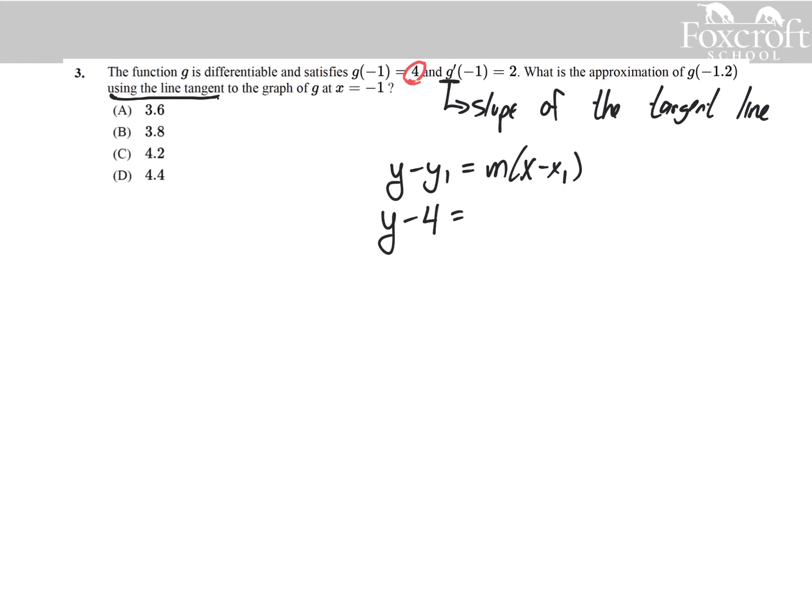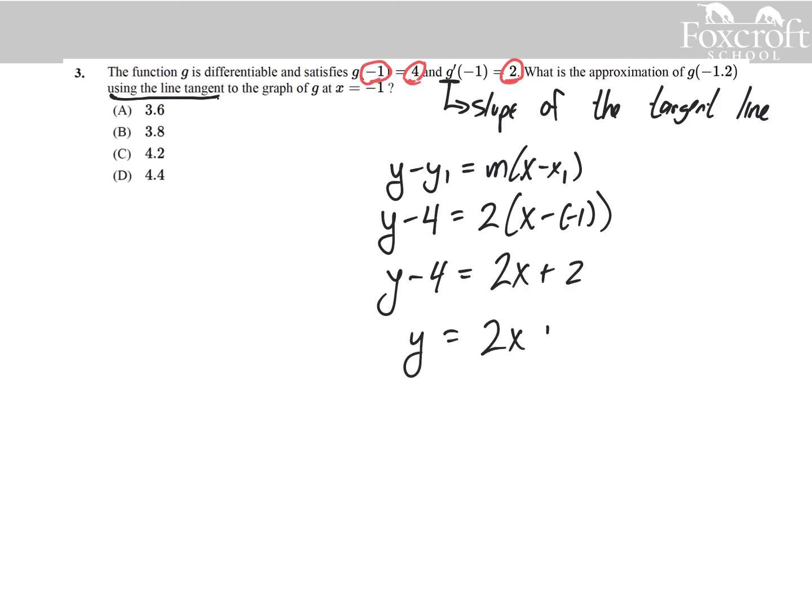The slope, like we just said, is the derivative, so that's going to be 2. And then x minus the x value comes from the x value we're using in the original function, which is negative 1. So this is y minus 4 equals 2 times x plus 1, which is 2x plus 2. So y equals 2x plus 6.